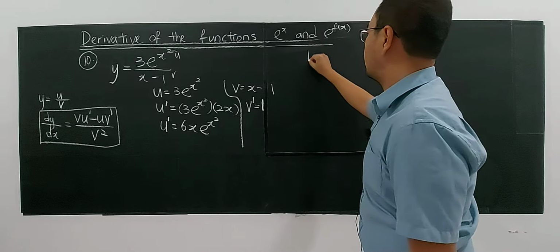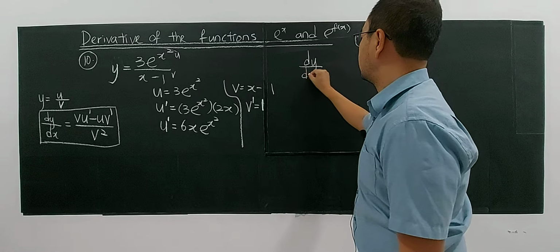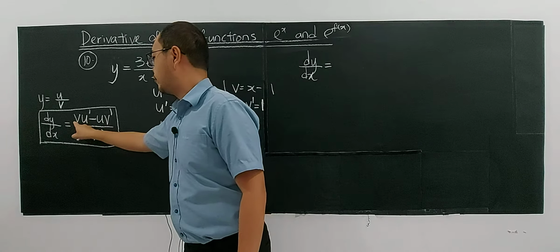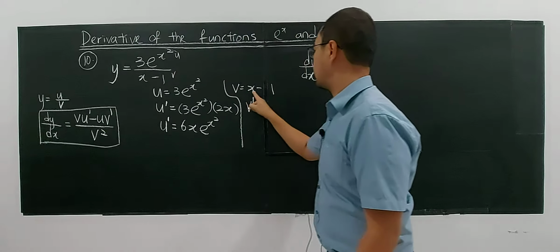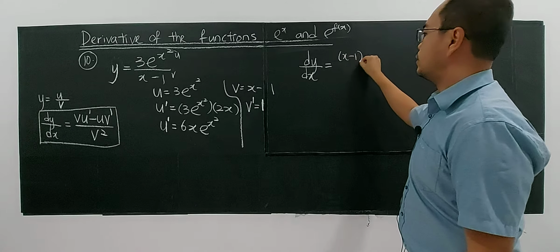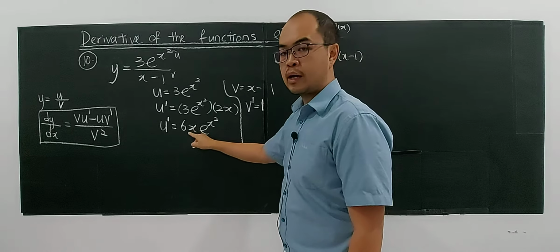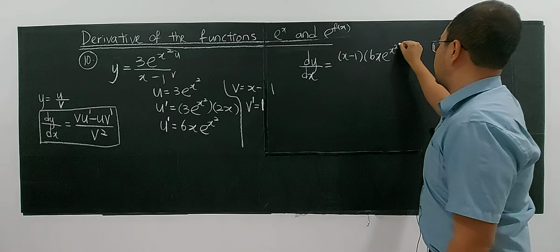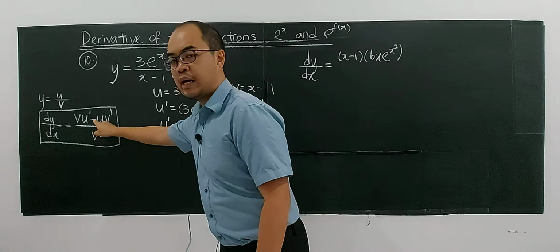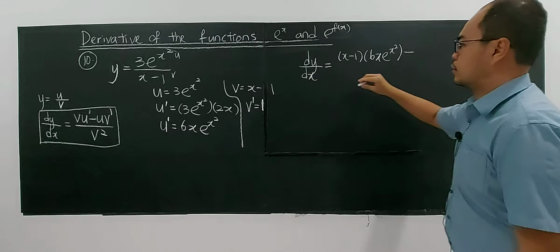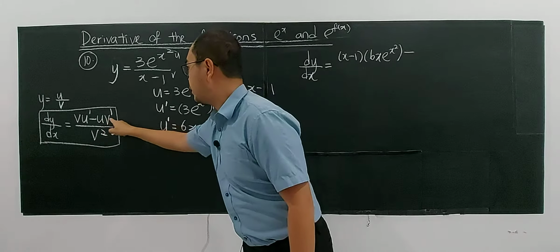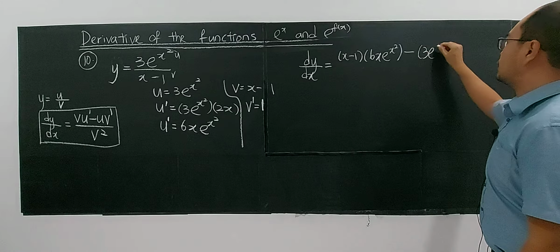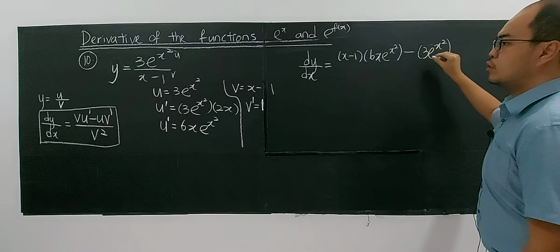Now you have your v prime, you have your u prime, you have everything. So you can apply your quotient rule. So dy/dx equals v u prime, so your v is x minus 1, times u prime, 6x e^(x²), minus u v prime, u is 3e^(x²), times v prime.